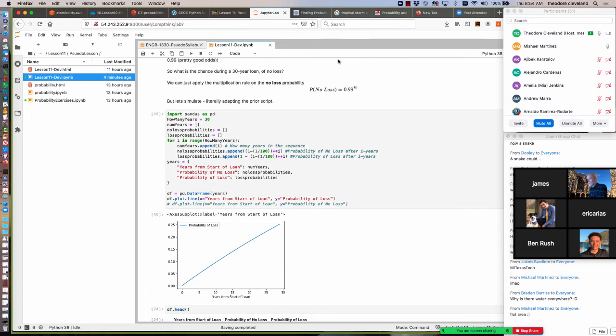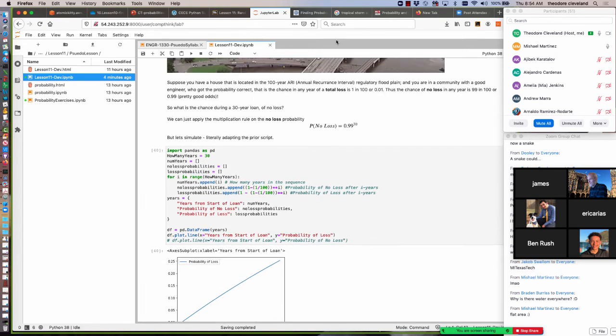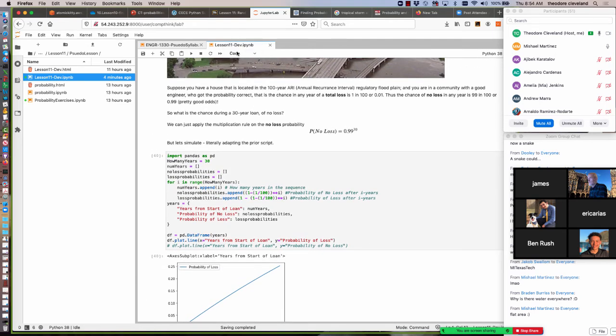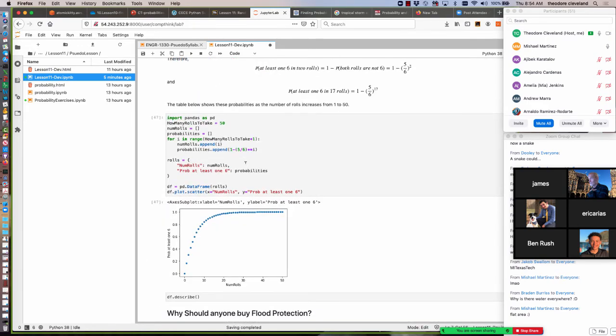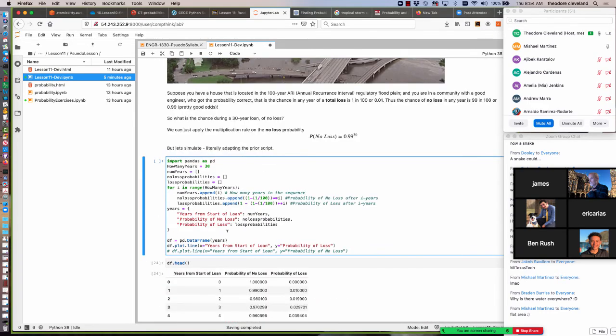So literally adapting our prior script, I wanted to turn the chart off on purpose, so that was done intentionally. Our prior script, all I did is I literally copied that, pasted it here, and then I'm going to make some name changes and so on.